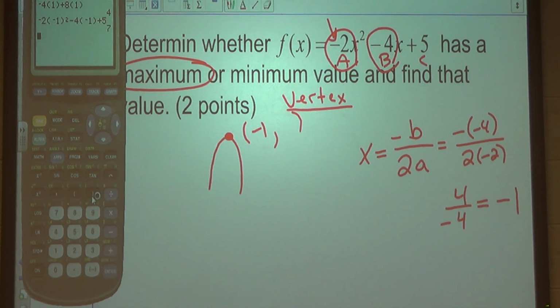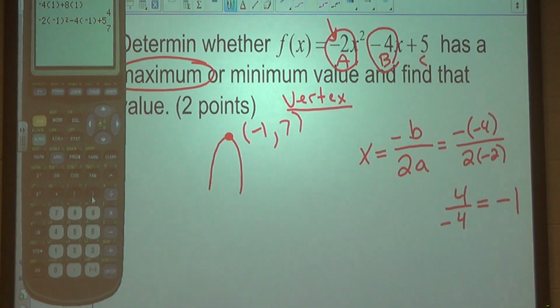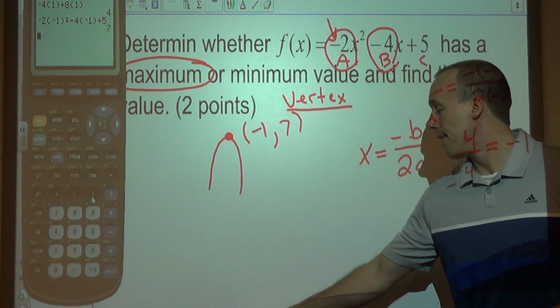And did we get 7? Okay. So then find the maximum value. The maximum value would be 7. Questions on that one?